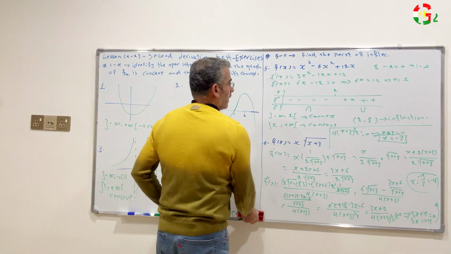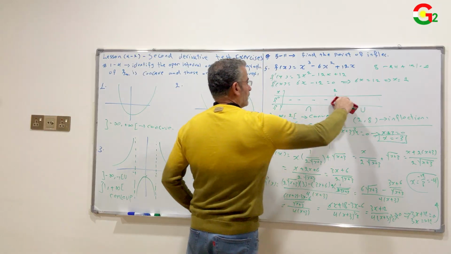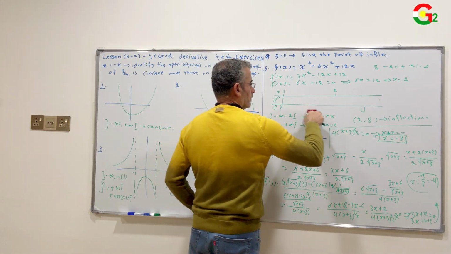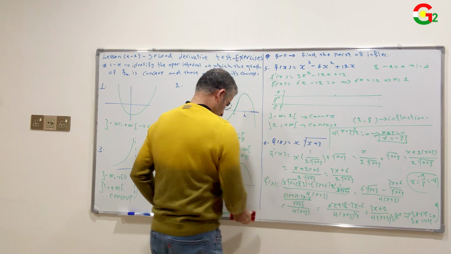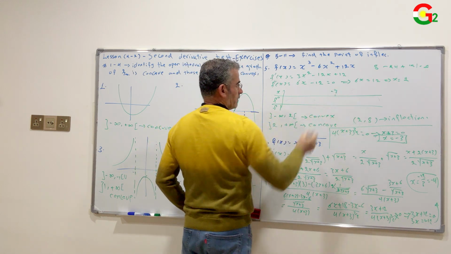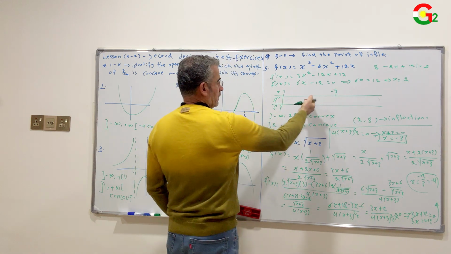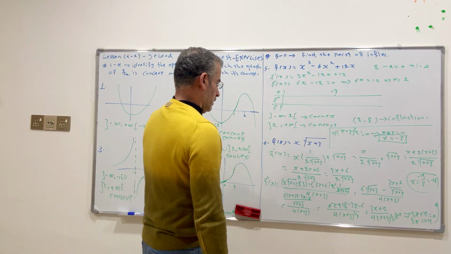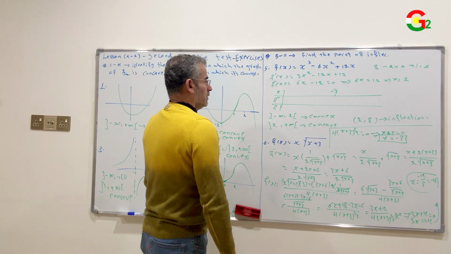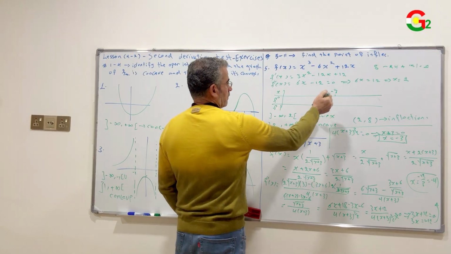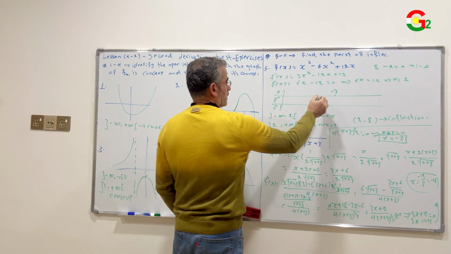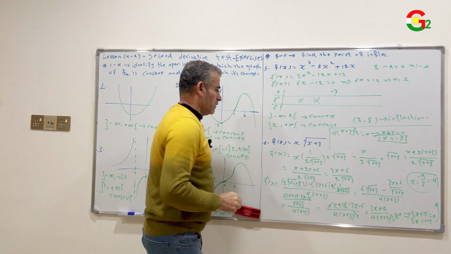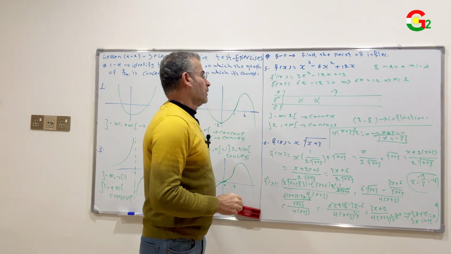Let us find it here. This is negative 3. Before negative 3, we take negative 4, but negative 4 is not in the domain, so the function is not defined before negative 3.